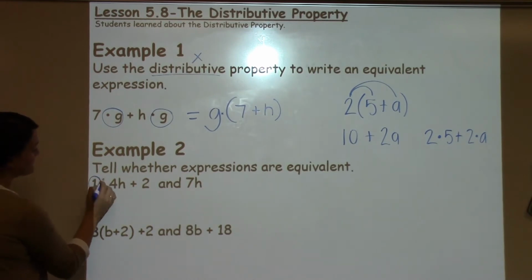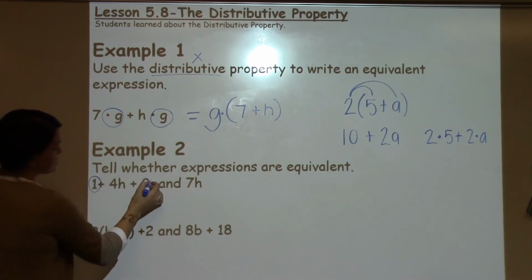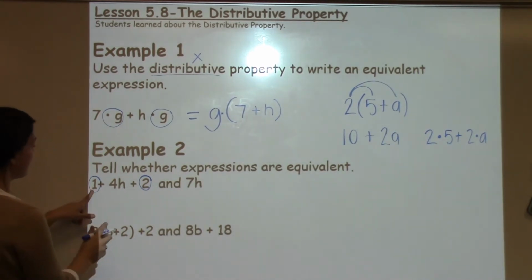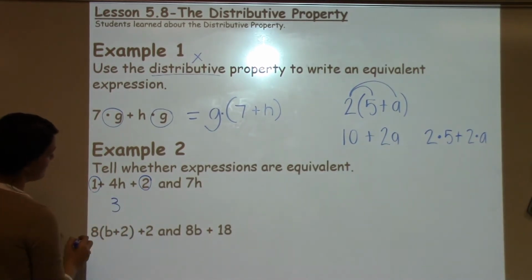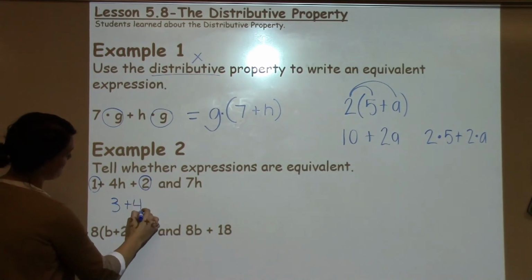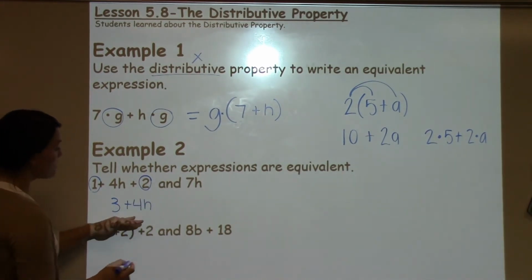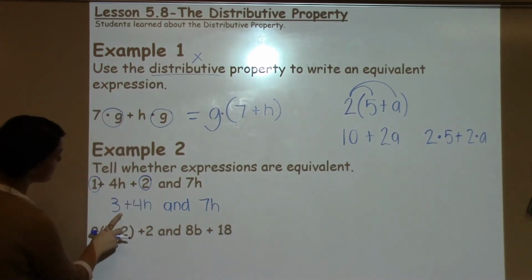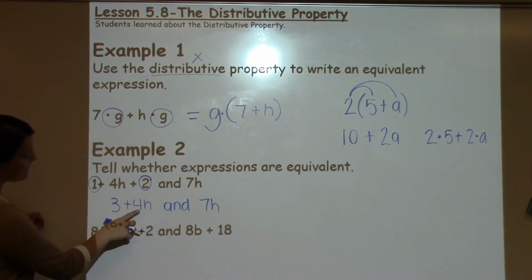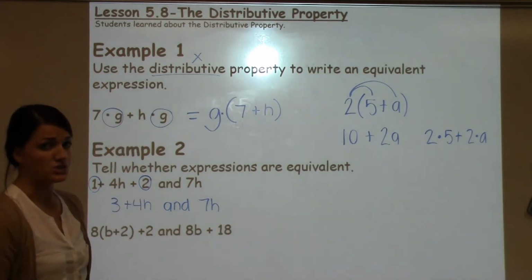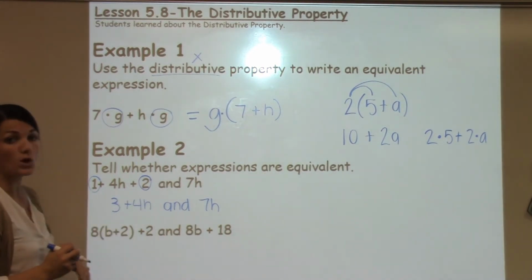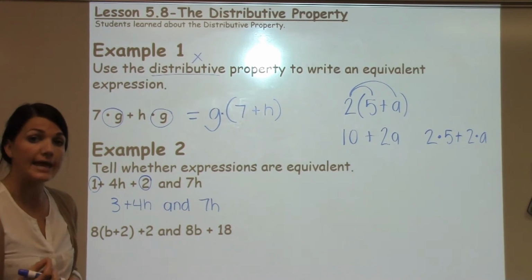I see that 1 is a regular number with nothing attached, and so is 2, so I can put those together. 1 plus 2 is 3, and then I have plus 4h. Now, where students sometimes get confused is they think, oh, I could just add 3 plus 4 and get 7h. But I cannot combine 3 with 4h because they're not like terms.